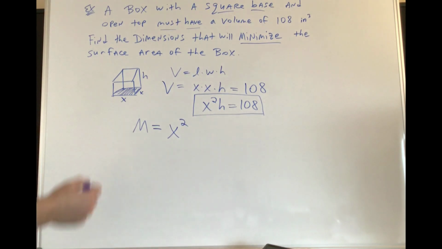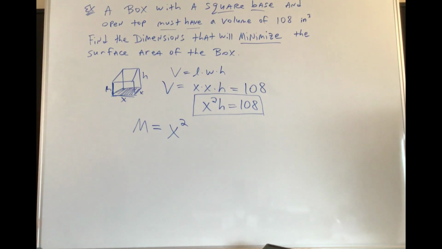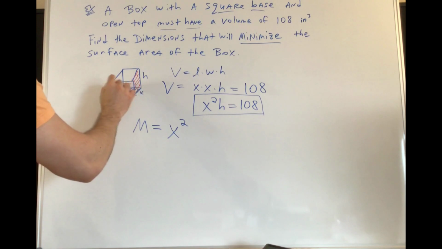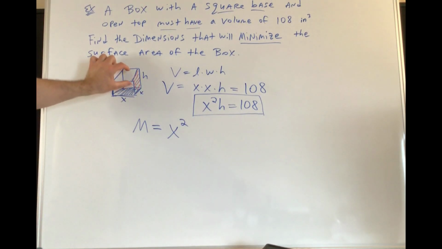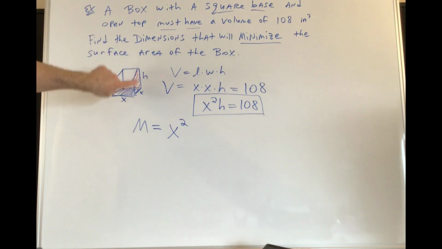Now, the side. Here's a side, over here. The area of that side is the length times the width. The length is x, and the width is the height.